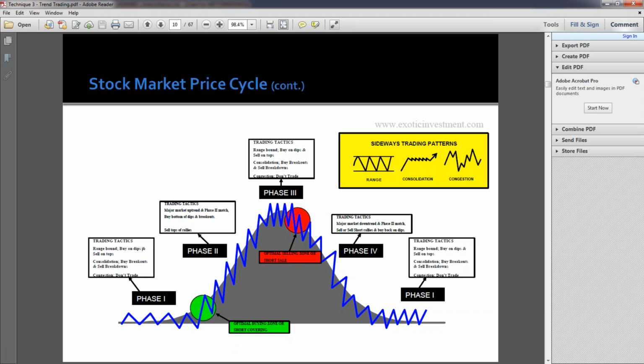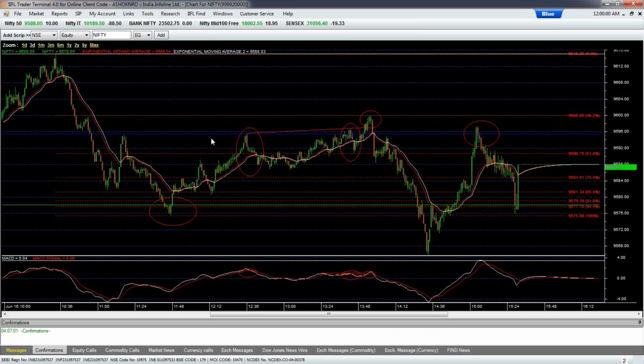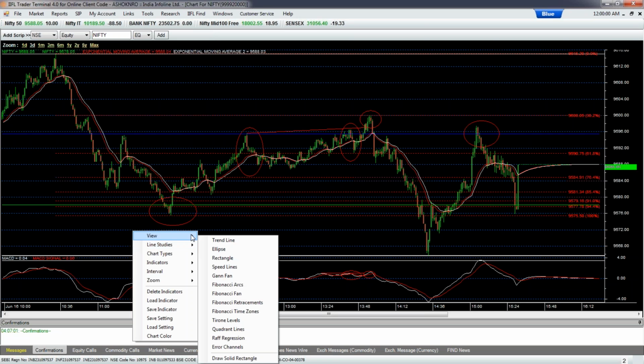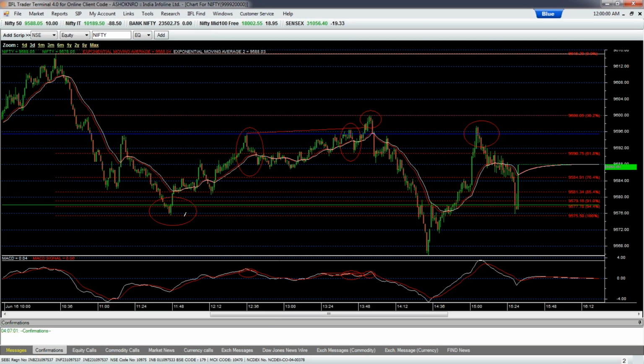Okay, so let's open the chart and consider if it is making higher highs and higher lows over here. Right, so let us consider this. Over here, if we consider this a retracement, it means that when it is a retracement, it is a changing of a trend. Now let us consider if it is making higher highs and higher lows. So let's draw one line over here.